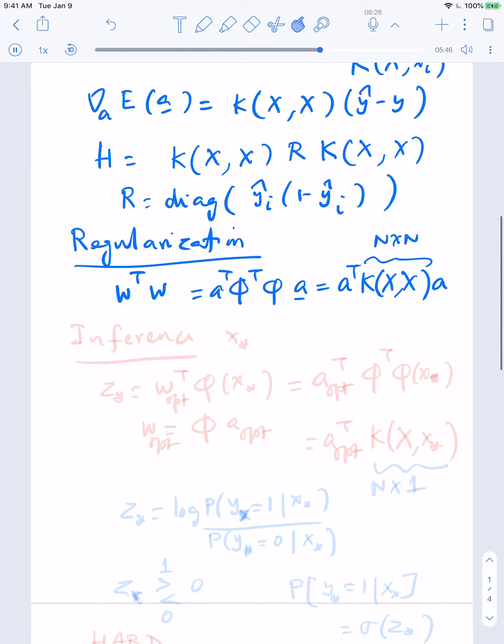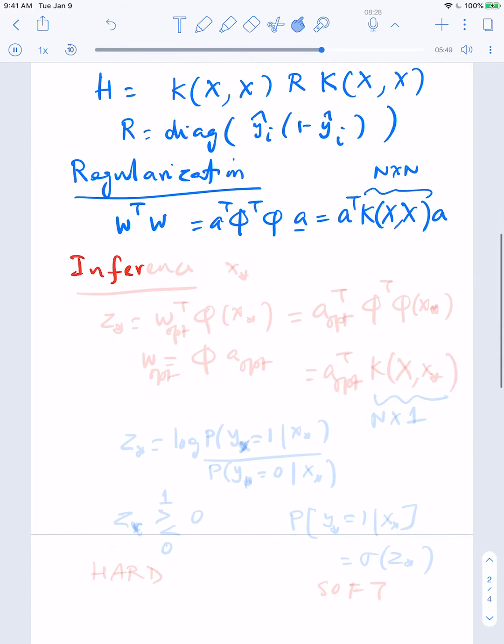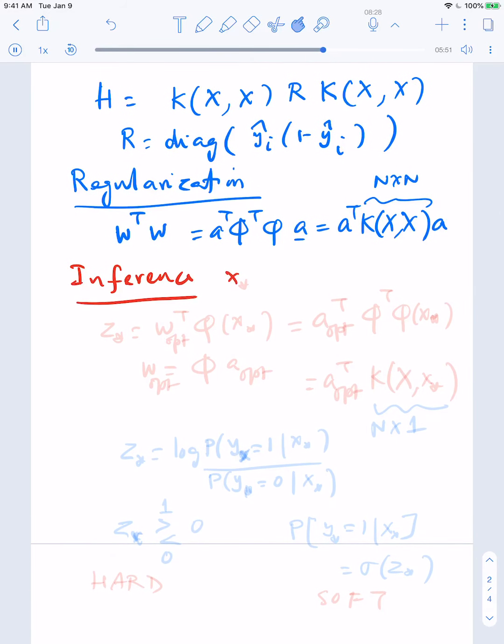One last observation is about inference. When you're given a new data point x star, you want to make a prediction about its label y star. Remember, z star is w transpose phi of x star, and w is now capital Phi, all the training feature vectors, times A opt, whatever you have found after your training.